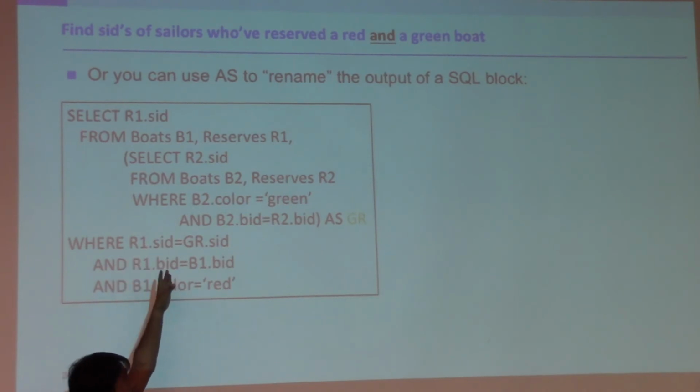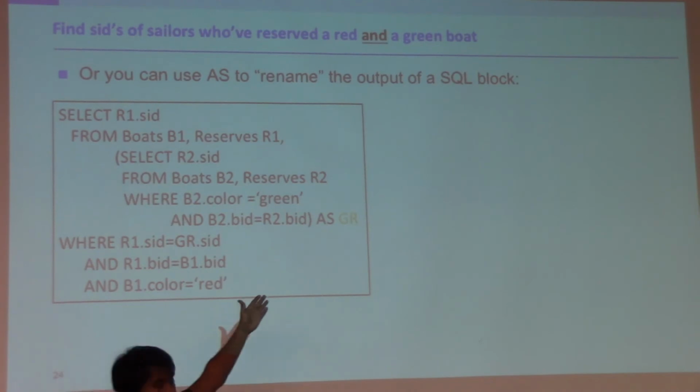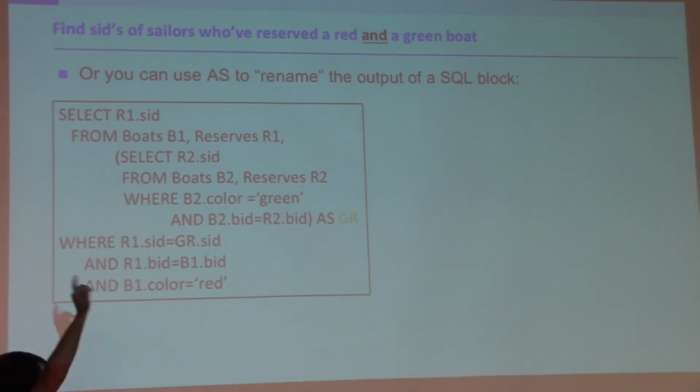This is a SQL block that actually emits a relation, almost a table, an intermediate table or relation instance. I named it green, and then from that green table I try to match the ones with the red ones.